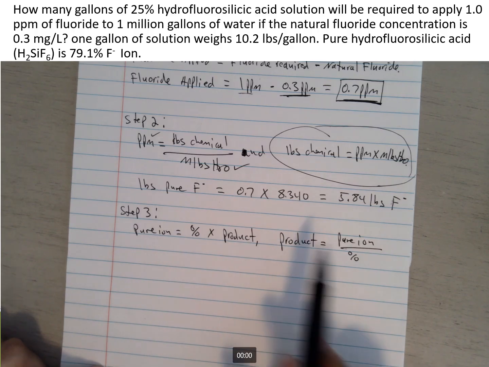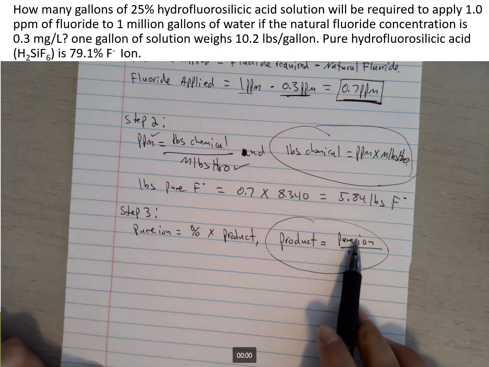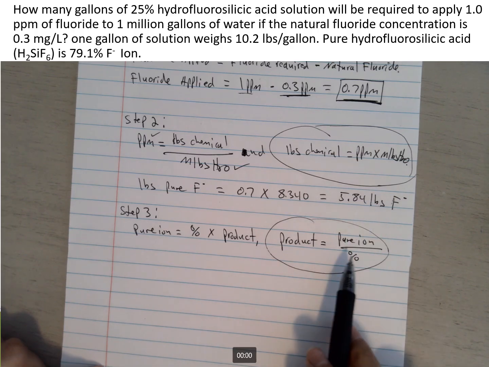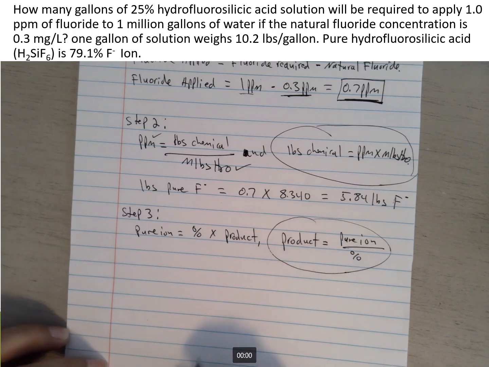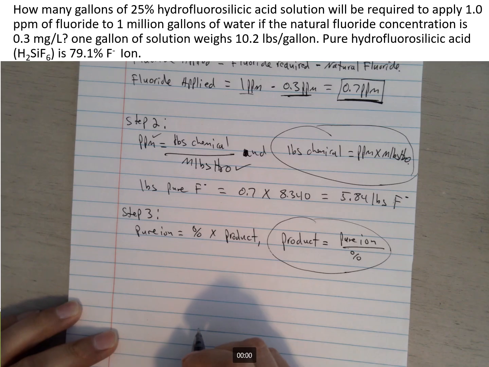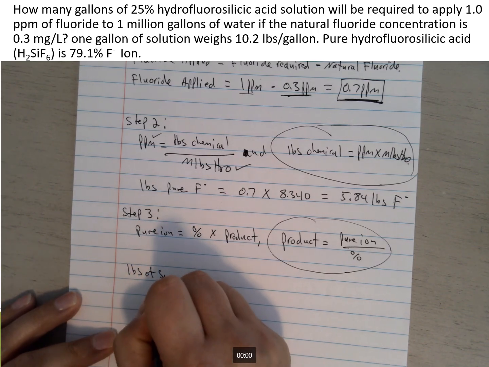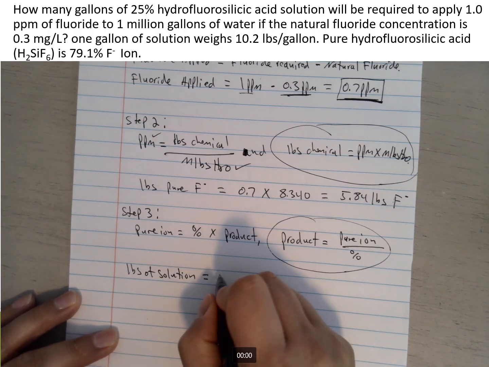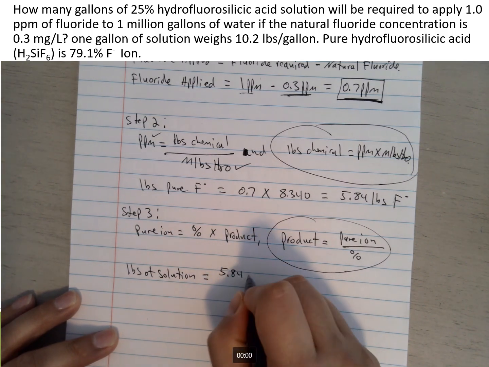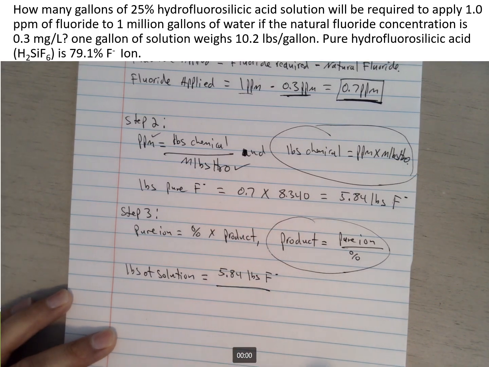To do that, we need the second part of the equation, because we have the pure ion pounds and we have in the problem statement the percentage. So that's the one we're using. The product, in this case, is pounds of solution. Pounds of solution equals the pure ion, 5.84 pounds of fluoride ion, divided by the percentage.